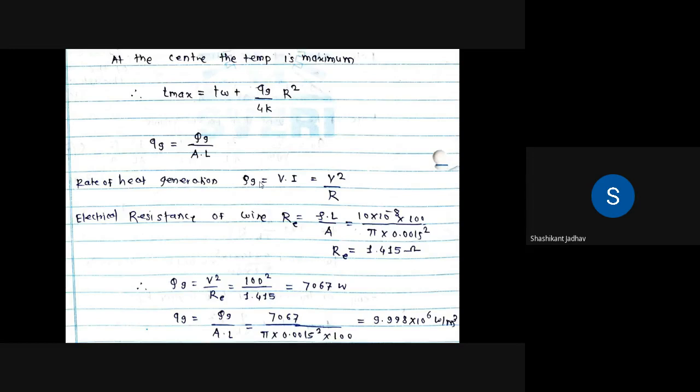Length is 100 meter. So from that we have to calculate the value of small Qg, that is in watt per meter cube. So from this calculation we get the value of small Qg, that is 9.998 into 10 raised to 6 watt per meter cube.